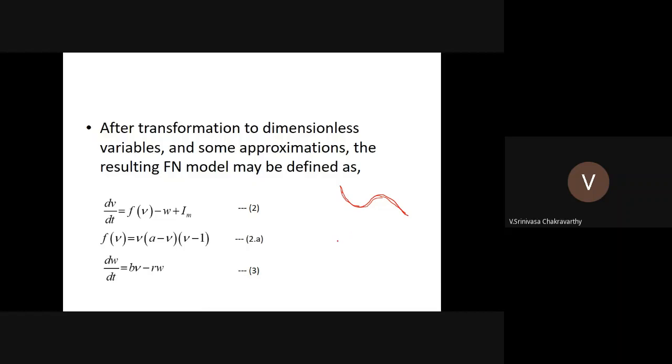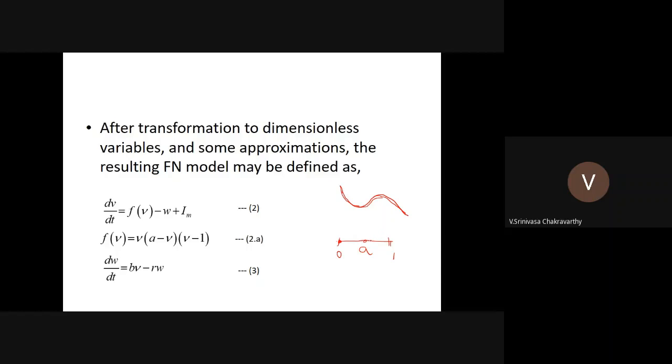Here a is some number in between 0 and 1. So you can easily plot the shape of this function. It has 3 zeros: one right at v equals 0, one at a, and one at 1.